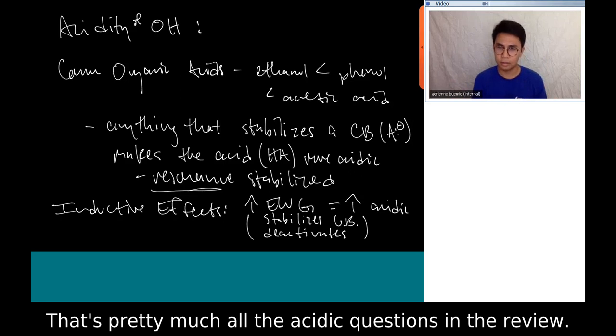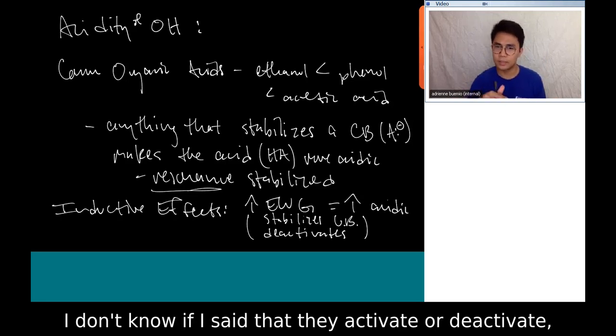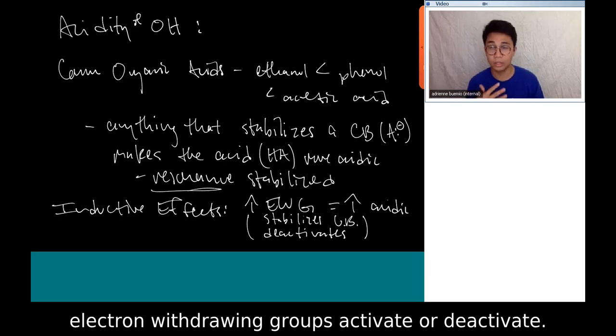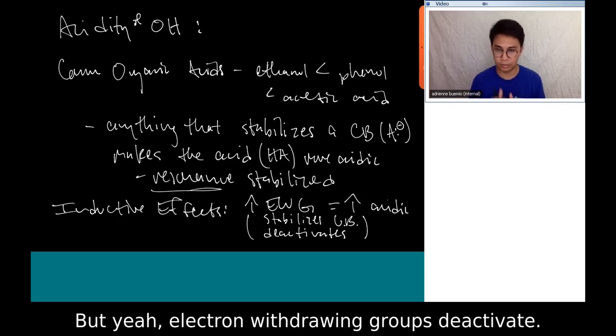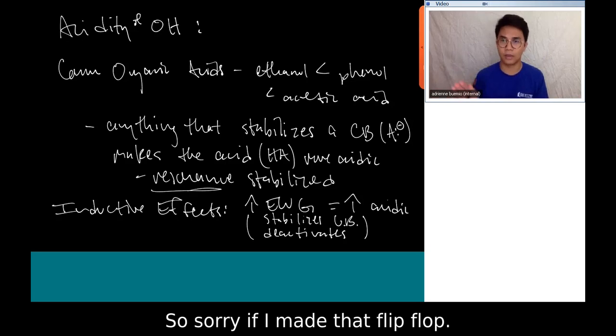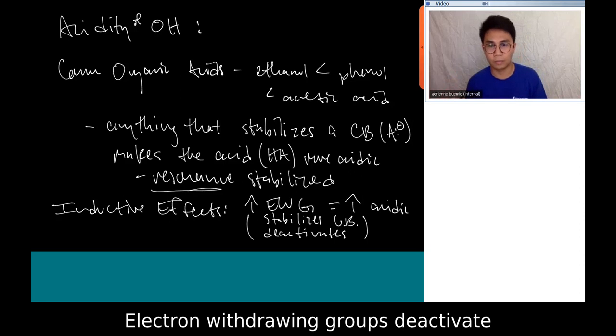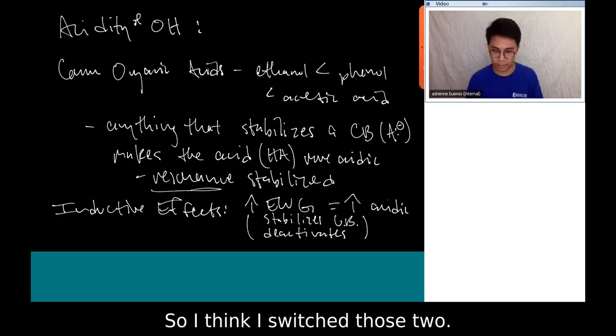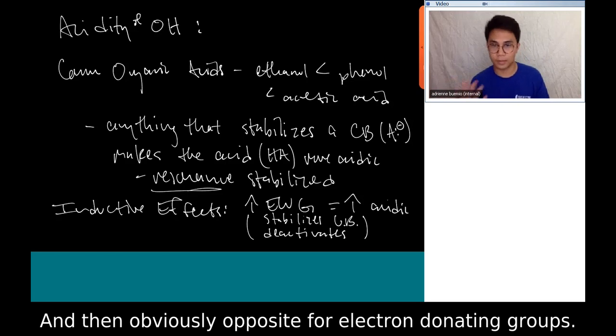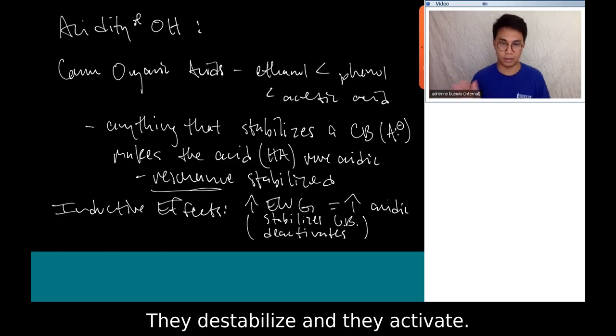I don't know if I said that they activate or deactivate, but electron withdrawing groups deactivate. Sorry if I made that flip flop, but electron withdrawing groups deactivate because they stabilize. I switched those two, and then obviously opposite for electron donating groups, they destabilize and they activate.